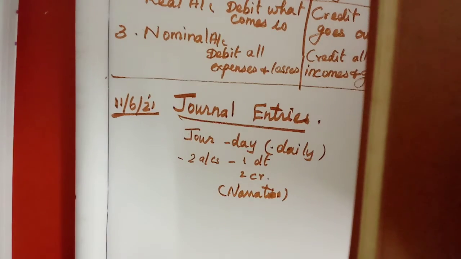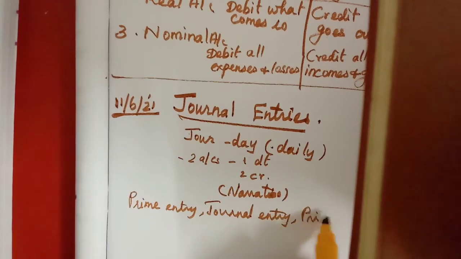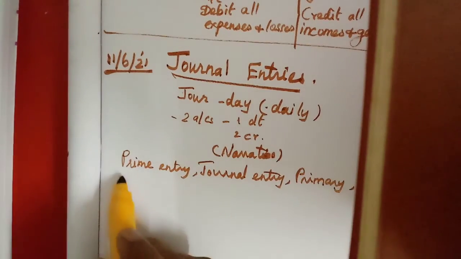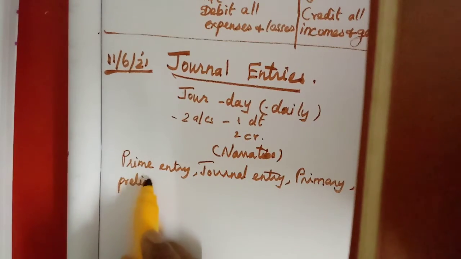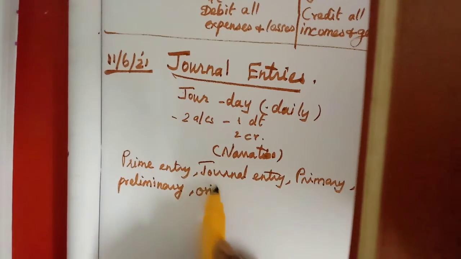This journal entry is also called book of prime entry, and the lesson heading itself is book of prime entry. Ordinarily we used to say journal entry. It is also called primary entry, because we are entering first; first entry, preliminary entry, beginning; original entry, first we are writing.